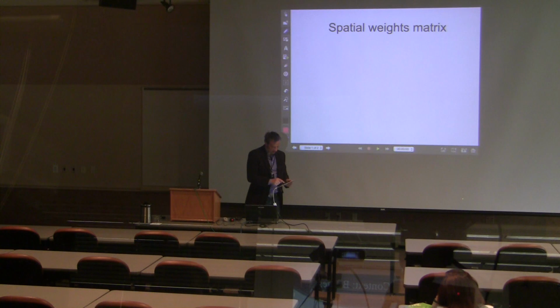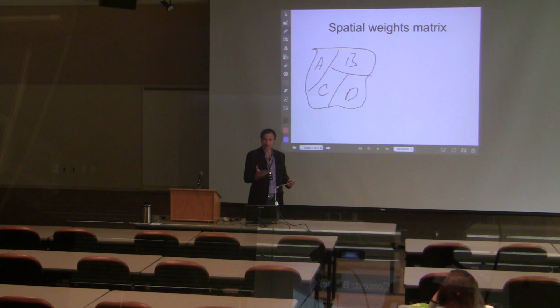And then there are various drawing options. So if you have, for example, to explain the spatial weights matrix, you can start with this is the country separated into various subregions. You can label the subregions A, B, C, D, for example, and then continue explaining that you need to record the spatial relationships between those regions, for example, by looking into whether they are neighbors or not.